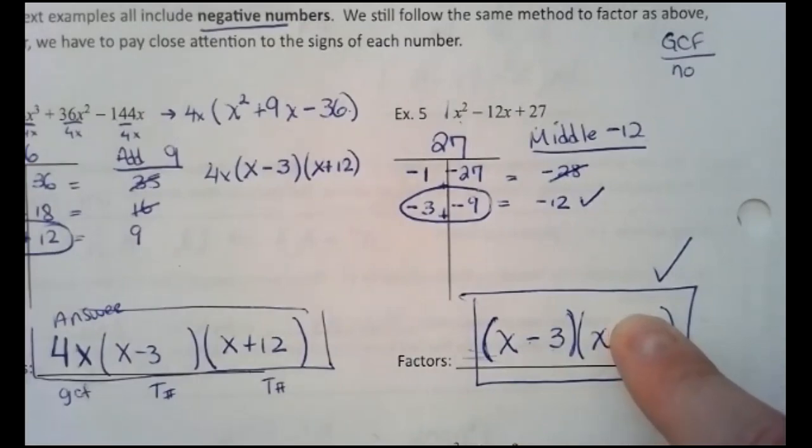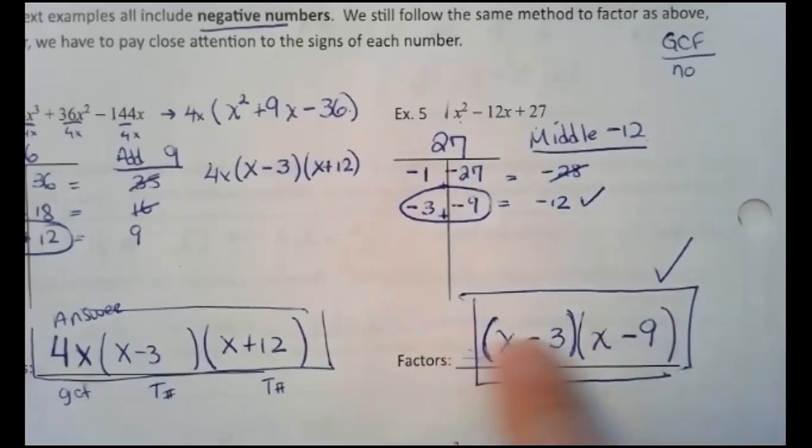Good, Thomas. Good, Lydia. Gavin, good. This is what your answer is going to look like. It's a set of 2 sets of parentheses, x minus 3, x minus 9. I'm waiting to see Lavinia's. I'm waiting to see Rex's. I'm waiting to see Daniel's and Katie's and Cornelius's. Narcy, I'm waiting for you to say anything to me today.